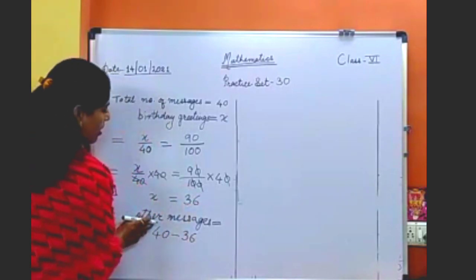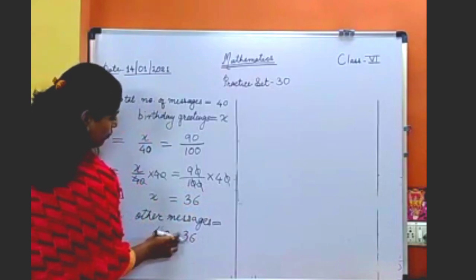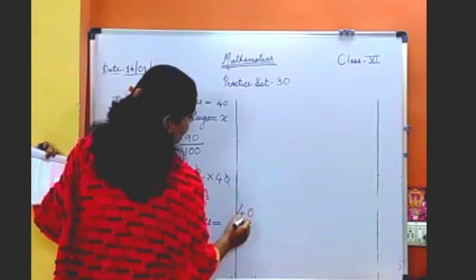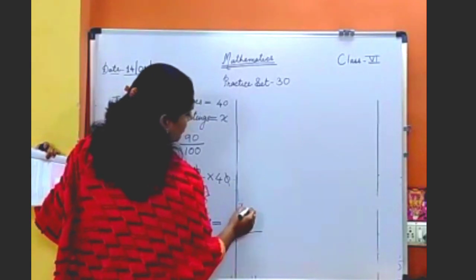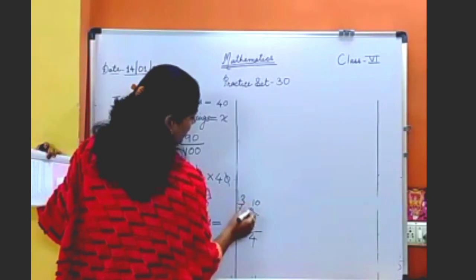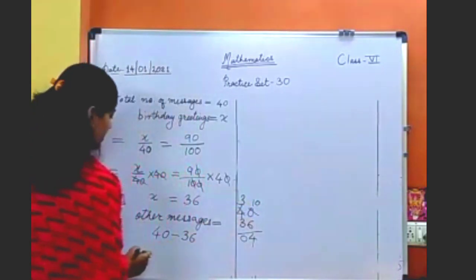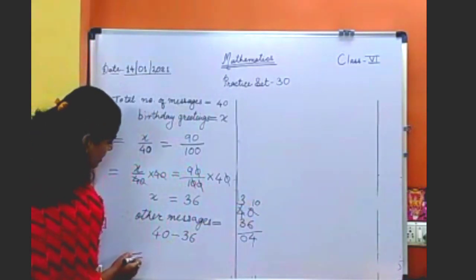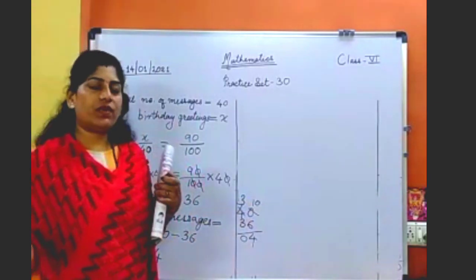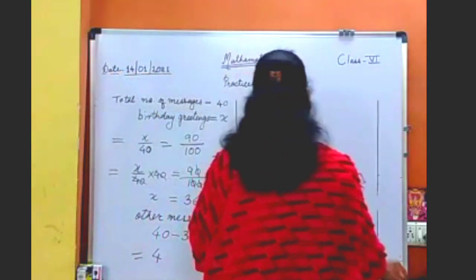So we will get the number of other messages. So 40 minus 36. Let us subtract. In your rough column you can do it here. 4. It will become 3. 3 minus 3 is 0. Answer is 4 messages. So other messages is equal to 4.